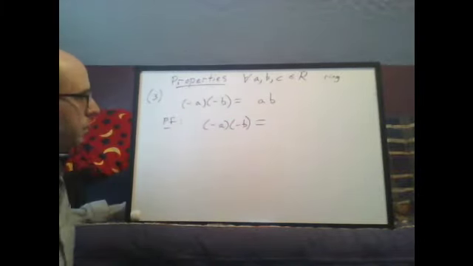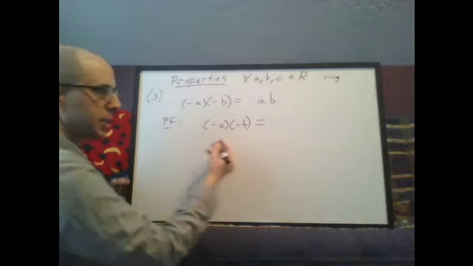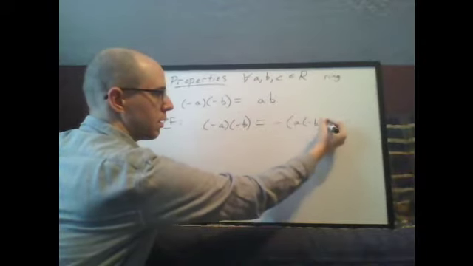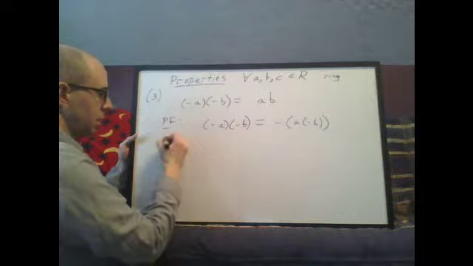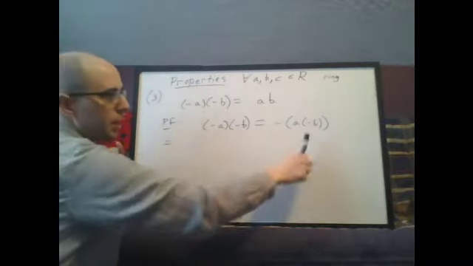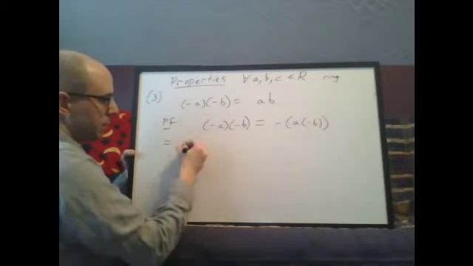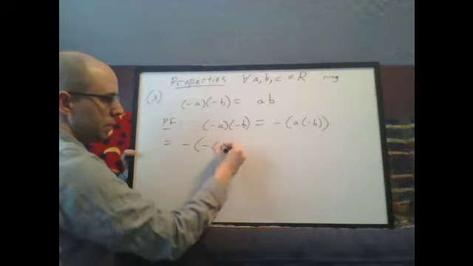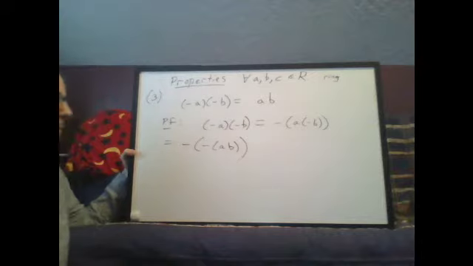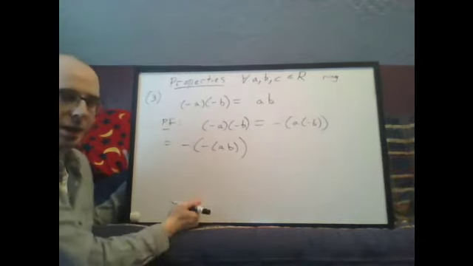From the previous property, I can take one of these minus signs and just attach it to the entire product. So we'll have this. And then by the second part of that previous property, we can take the minus from the B and move it out front. So we'd have minus AB, like this. What that is doing, let's think it through.